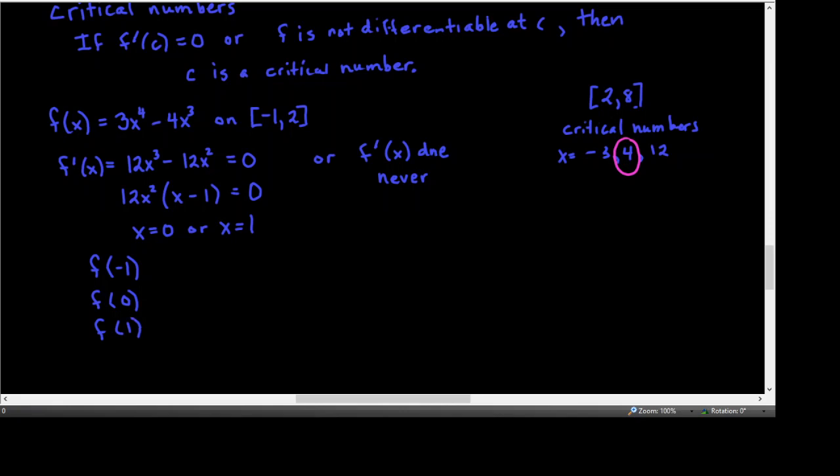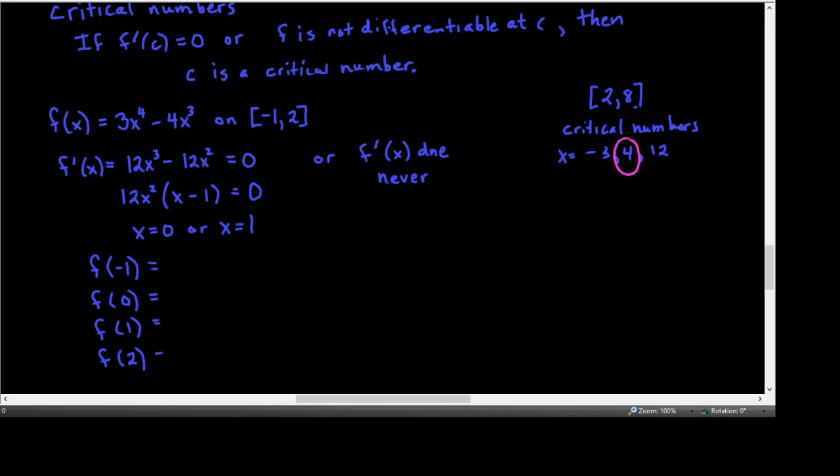And then I get to my upper bound on that interval, which is 2, and I'm going to use it. So that's from low to high, the two endpoints, negative 1 and 2, and all of the critical numbers between them, 0 and 1 in this case. So calculate the y value in each case.